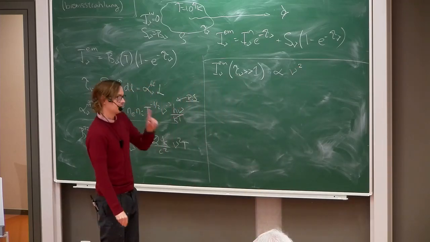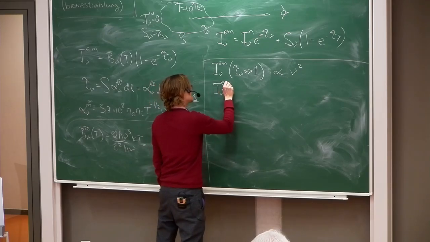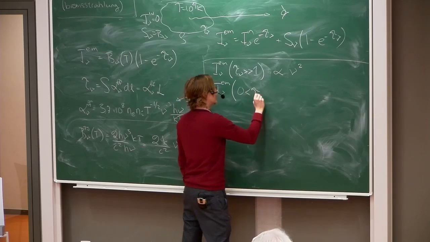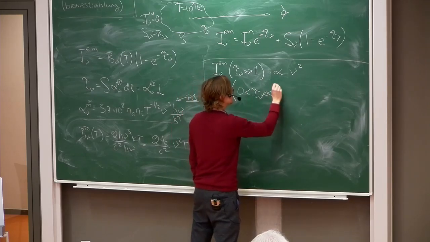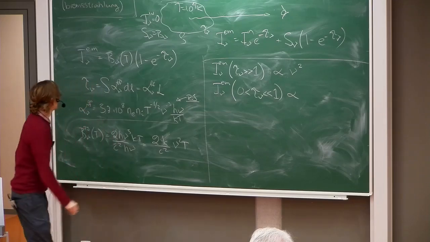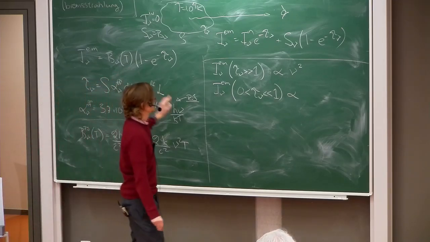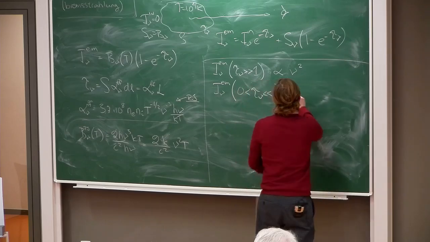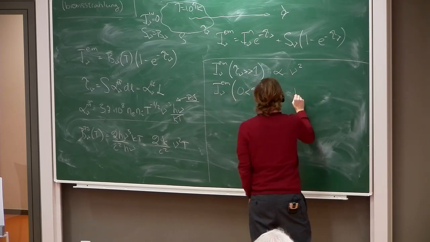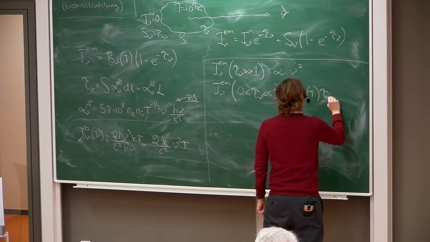Okay? However, at some point the cloud becomes optically thin, then we see that this changes, because then this is approximately B nu of T times tau nu, okay?